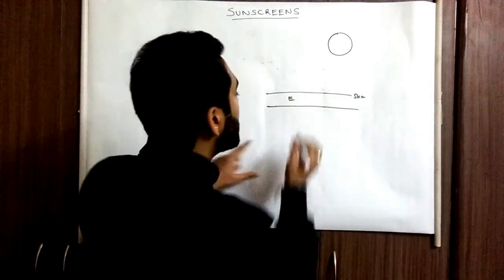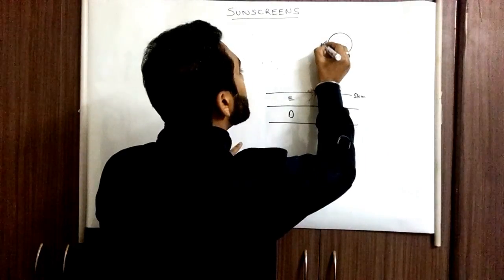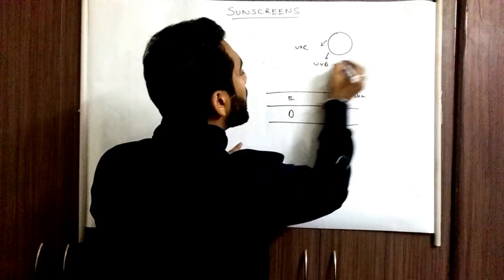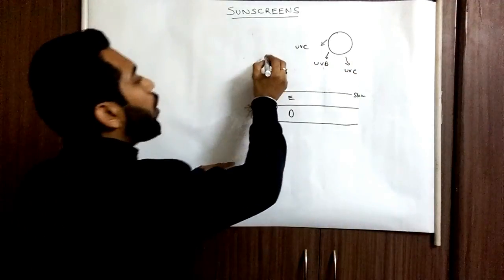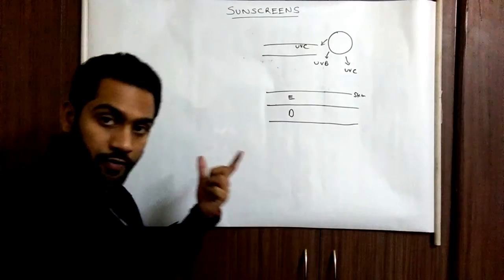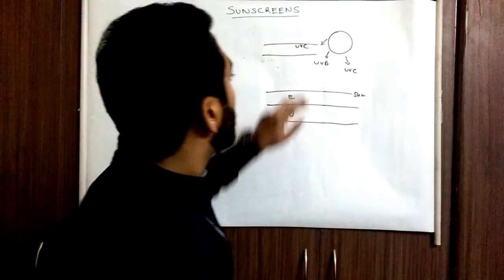I'm denoting it by E. Then comes dermis. I'm denoting it by D. So the sun has three types of rays: UVC, UVB, and UVA. Now UVC is absorbed by the ozone layer present in the stratosphere or atmosphere. UVC is absorbed. Now we need to worry about UVB and UVA.